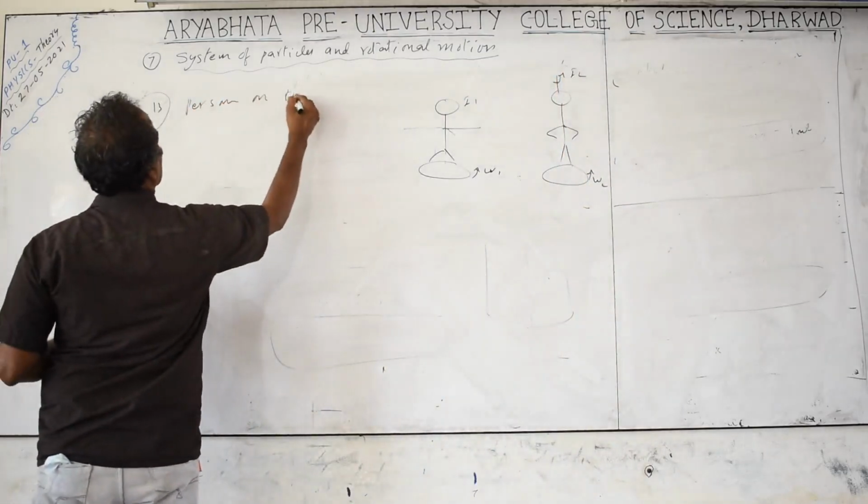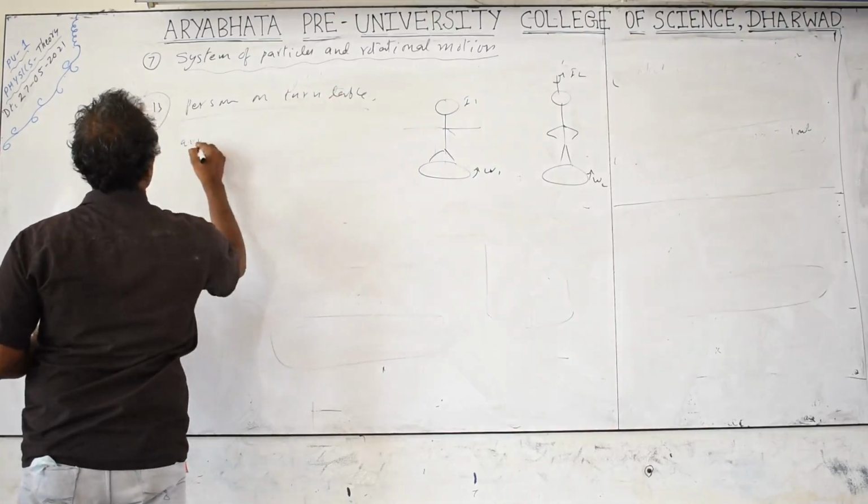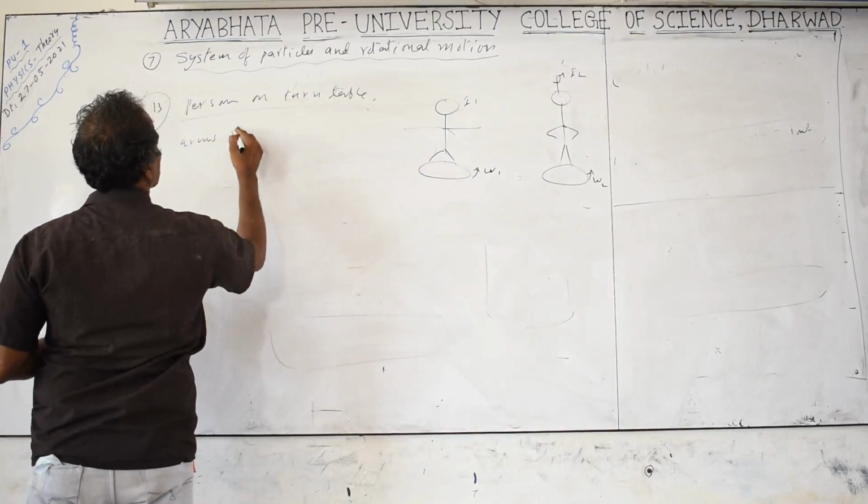Person on turntable, arms stretched. Arms stretched means the moment of inertia is more.